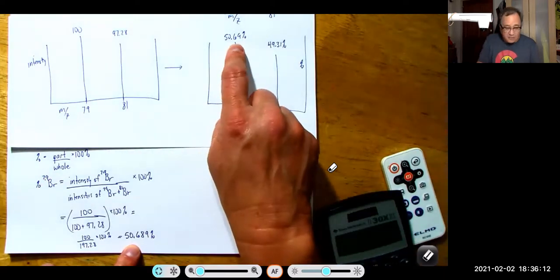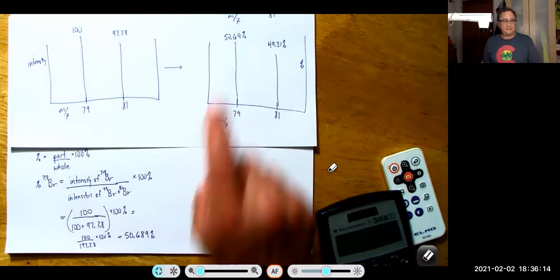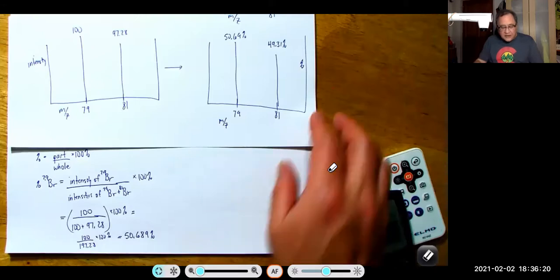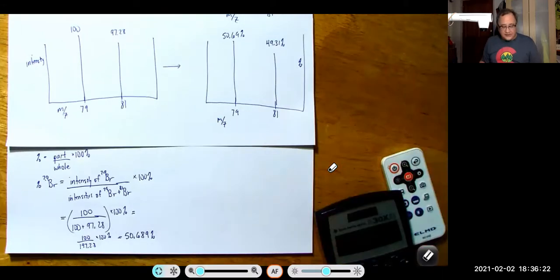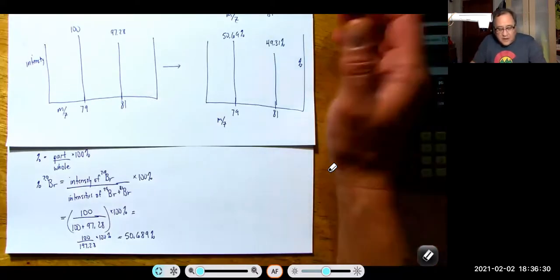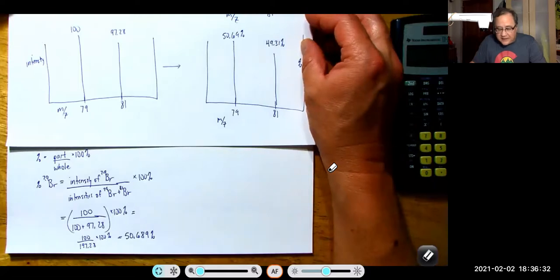They didn't round properly. So this is one of those calculations you want to put into your book where I said you're going to have a procedure. The procedure here would be go to WebElements and get the data table and the mass spectrum.